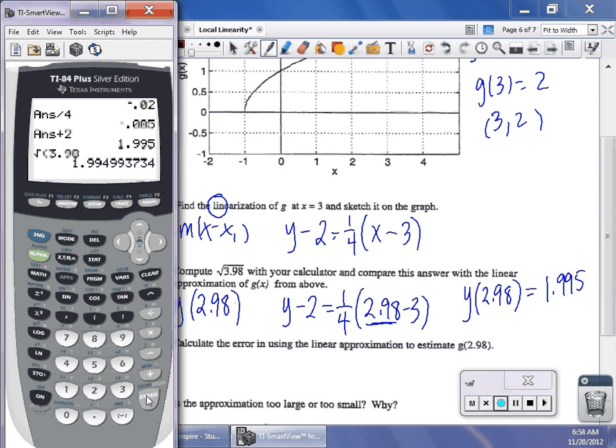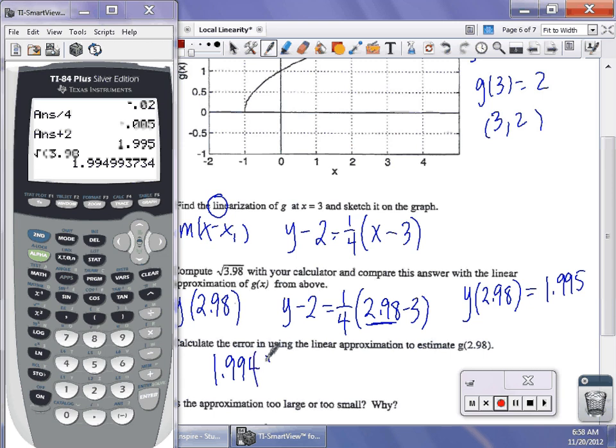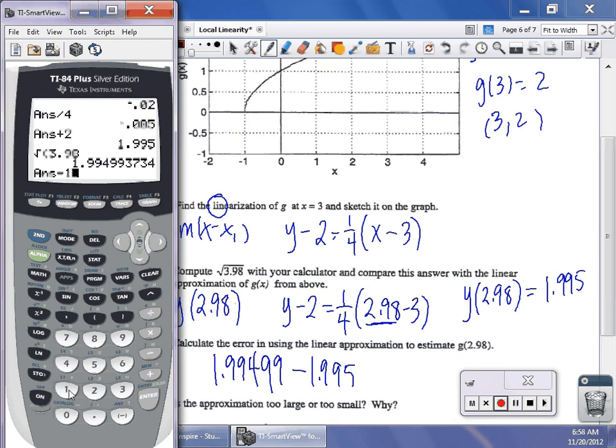So if we do 1.99499 minus 1.995, so minus 1.995.